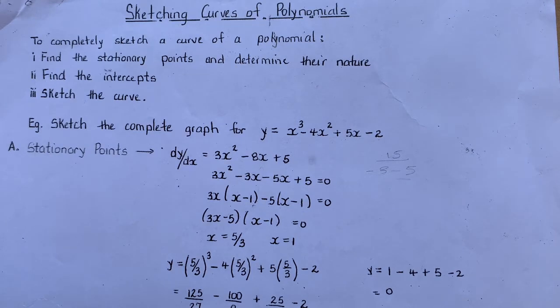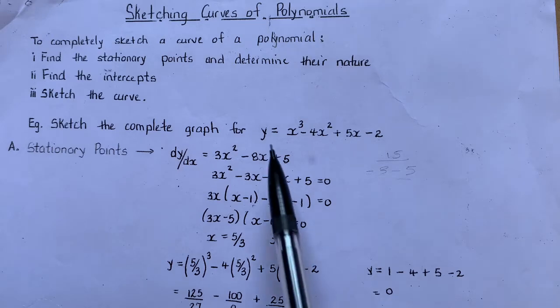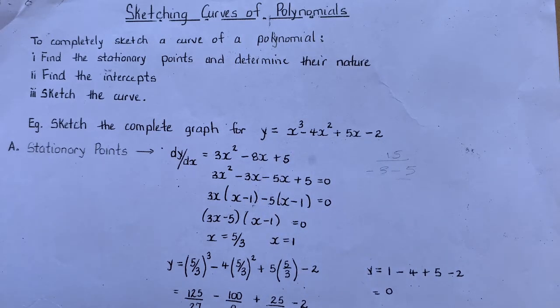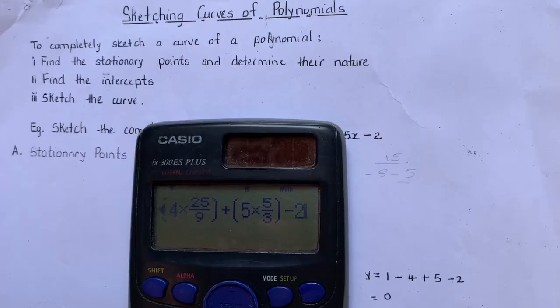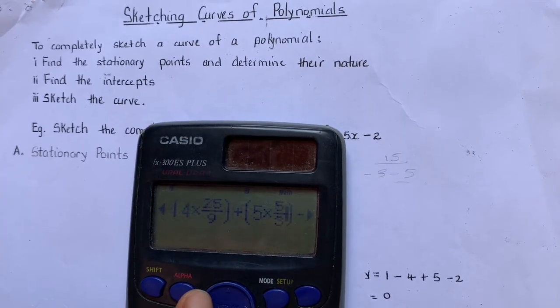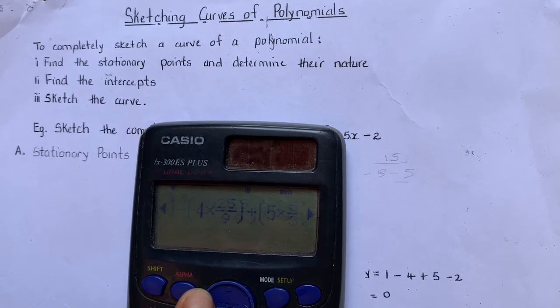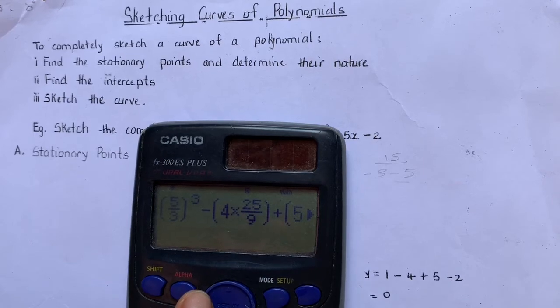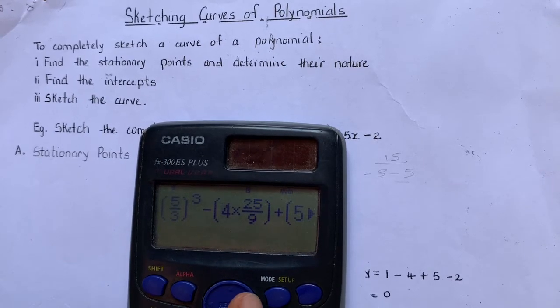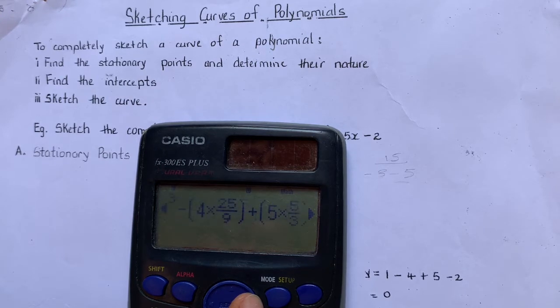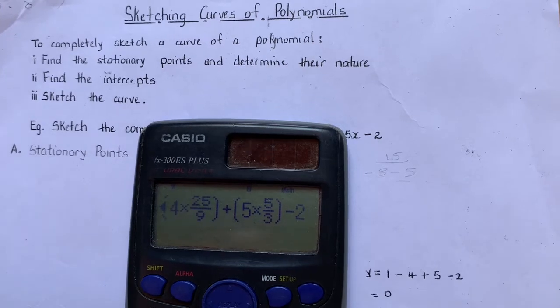You will then plug each into the y function to find the corresponding y coordinates. So when 5 over 3 is plugged into the y function, here I plugged 5 over 3 in place of x. Notice I used brackets to separate because the calculator might not be able to distinguish properly and give you a correct answer.